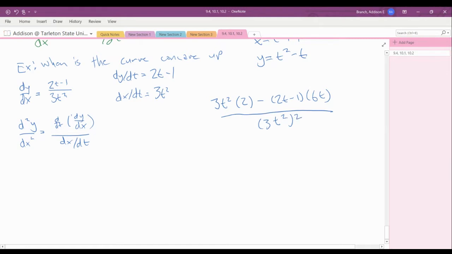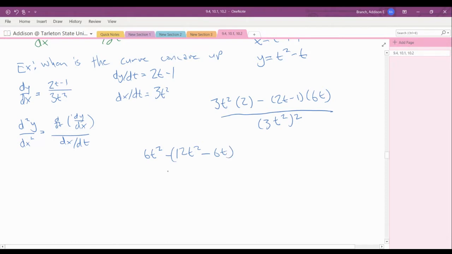All right, so let's go ahead and clean this up a bit more. So we're going to get 6t squared minus, we get 2t times 6t, so minus 12t squared minus a 6t. Go and distribute the negative.